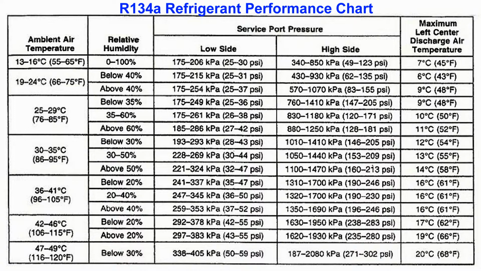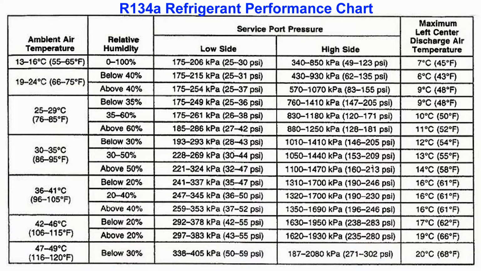This performance chart is for R134A, which is the most common refrigerant used today. One huge caveat is before using a refrigerant performance chart, you first need to know if your air conditioner system uses an orifice tube or an expansion valve. If it uses an orifice tube, then you can use a refrigerant performance chart.